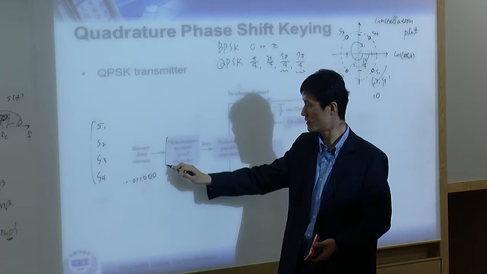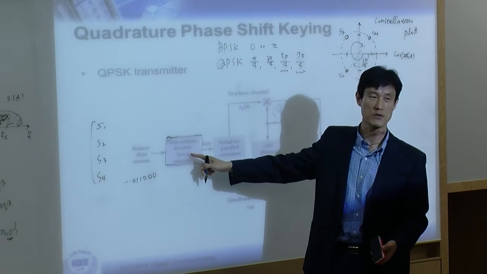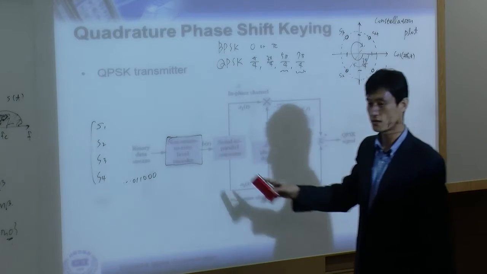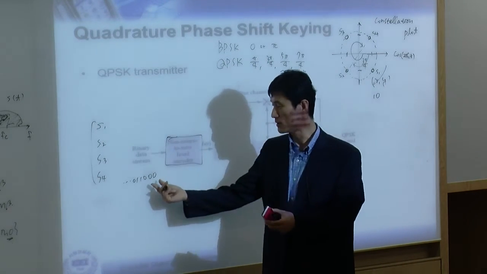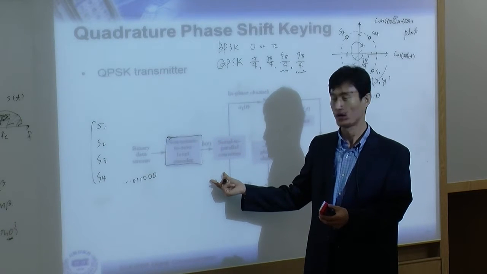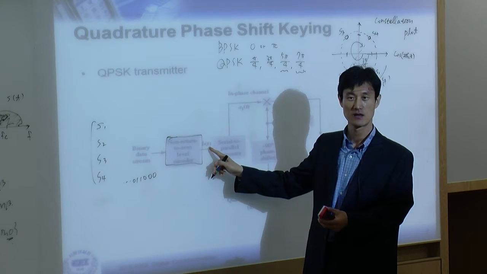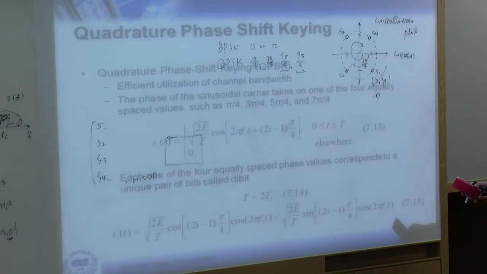Now here, what is this block? You have the same block in BPSK, right? Its name is same. So what is this block? This is a mapping. Simple mapping between bits to symbol. So we get a BT again, right? BT here. Okay, just want to remind you. Let me go back to the BPSK picture.